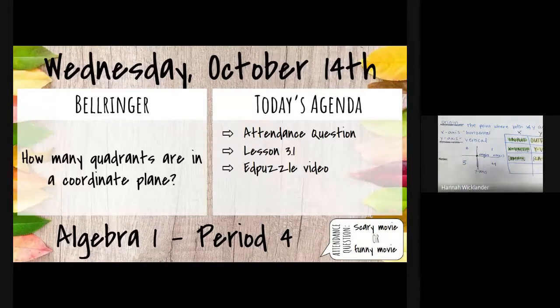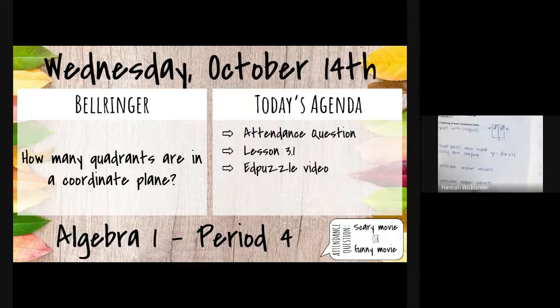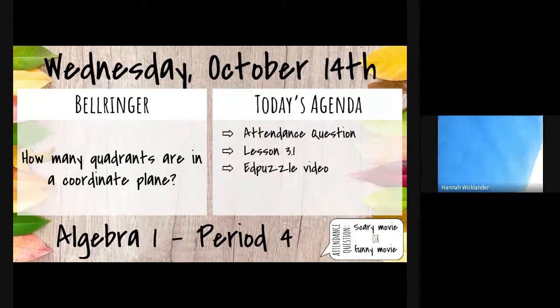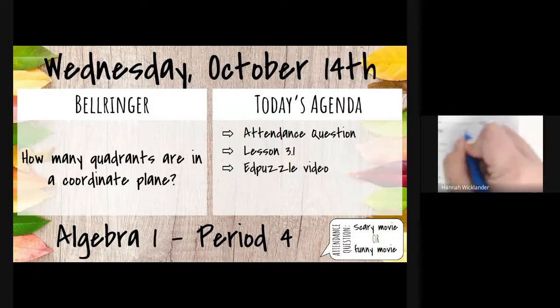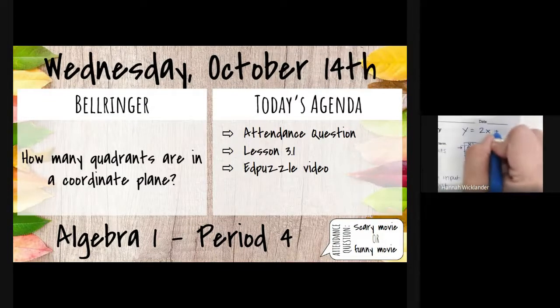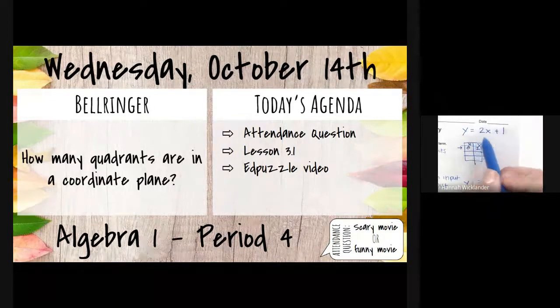Within this chapter, we're going to be using input-output tables. This is an input-output table. There's an X side and a Y side, and you'll have an equation like y equals 2x plus 1. It'll give you either the y's or the x's, and you put them in and solve.